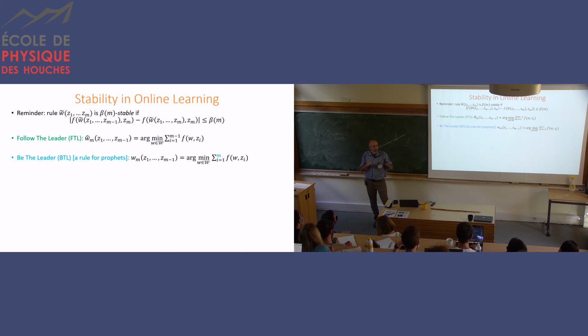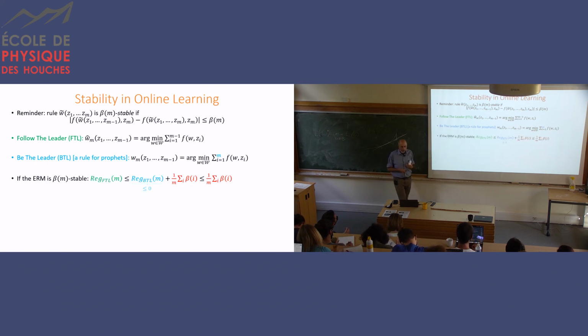So you can't actually implement this be the leader learning rule. But be the leader is an excellent learning rule. In fact, be the leader always has non-negative regret. It's always at least as good as choosing the best single thing in hindsight. It's super powerful.